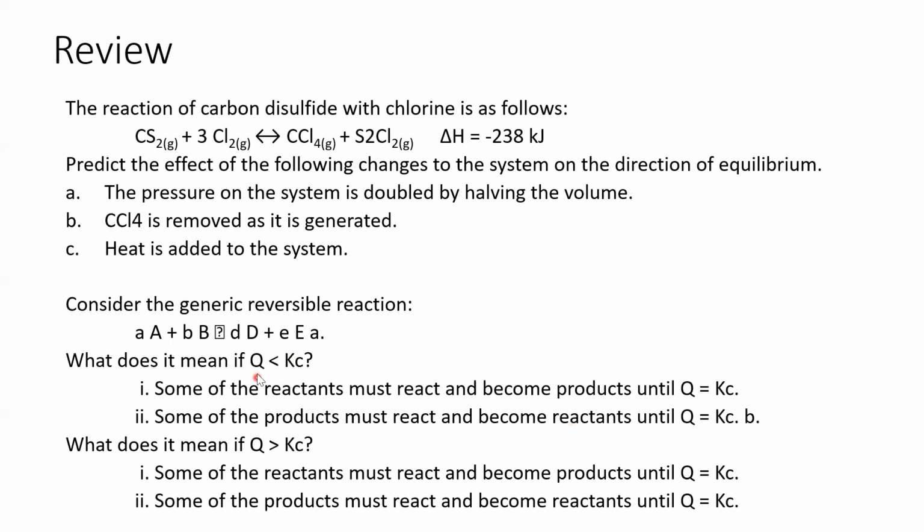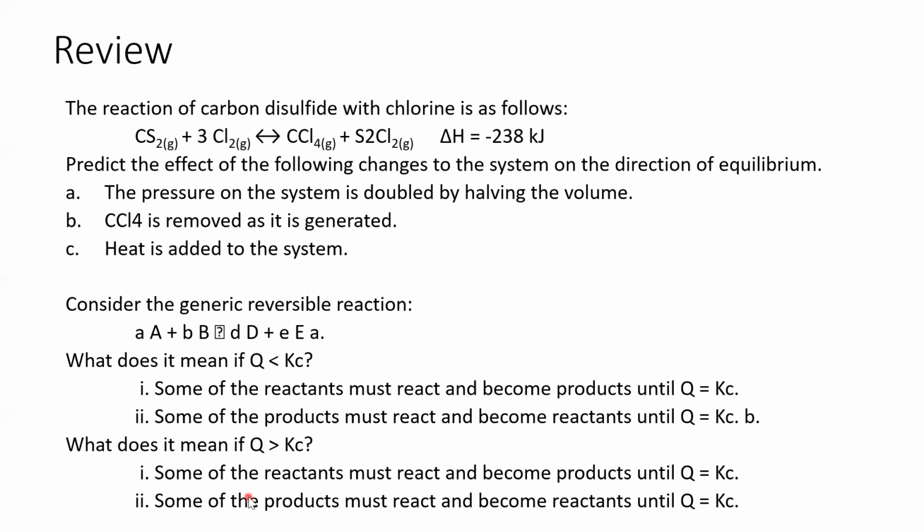Yeah, so if Q is too small, we need to increase Q. That means product has to go up and reactant has to go down. So the system is going to be going towards the right, and it's going to do that until Q equals K. So then the reverse, if Q is bigger than K, the system's not at equilibrium, what's going to happen in that case?